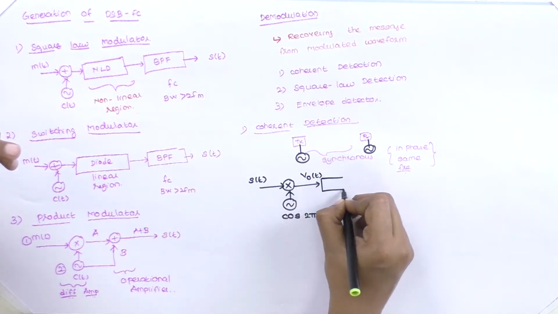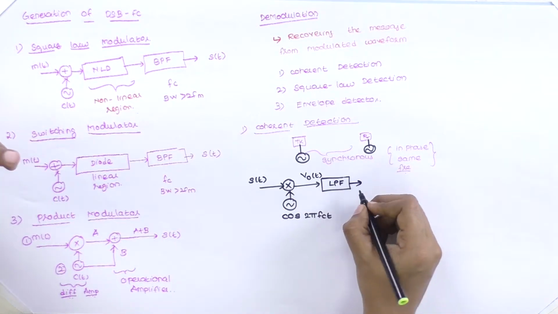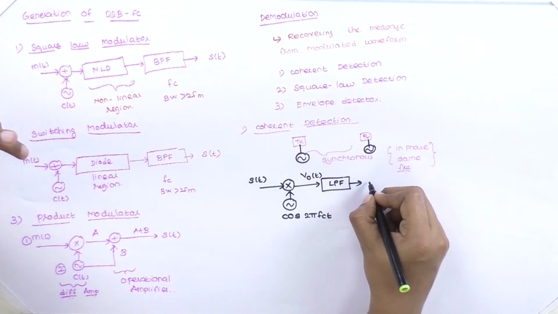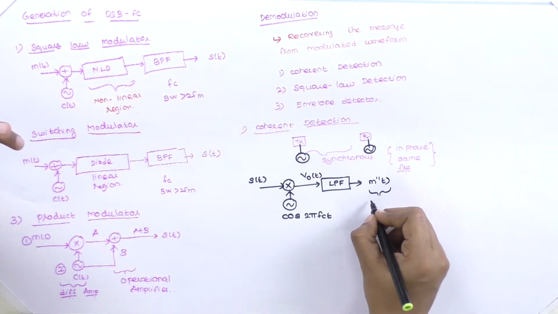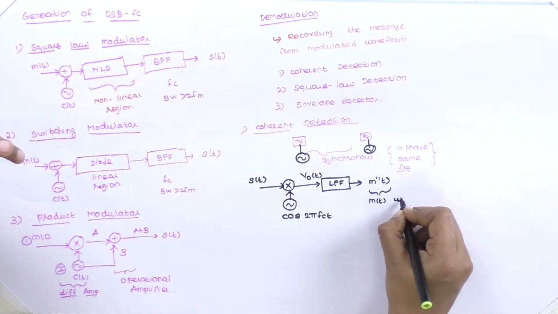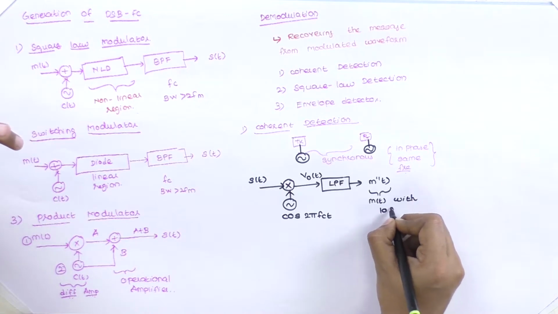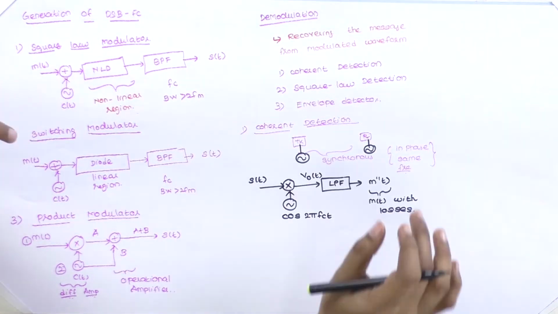It is again applied to the low pass filter to remove the high frequency components and just pass our message signal. The resultant will be our m dash of t, because m of t with some losses, therefore we are referring to it as m dash of t. This is our coherent detector.